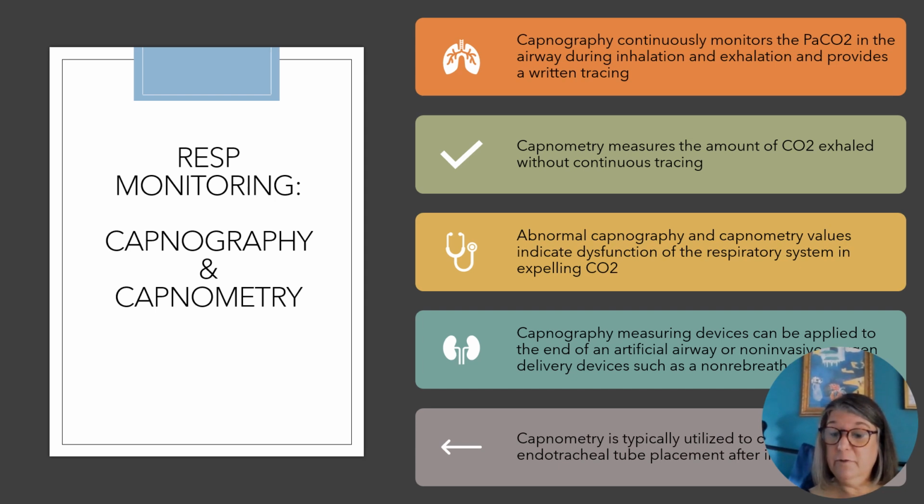And remember that if we have trouble expelling CO2, then our O2 is not going to have any place to land. So without getting adequate CO2 out, O2 doesn't have any place to go. And with buildup of CO2, we don't live off CO2, we live off O2. So buildup of CO2 is going to cause all sorts of problems, one of which can be obviously changes in level of consciousness. So nursing implications, capnography.